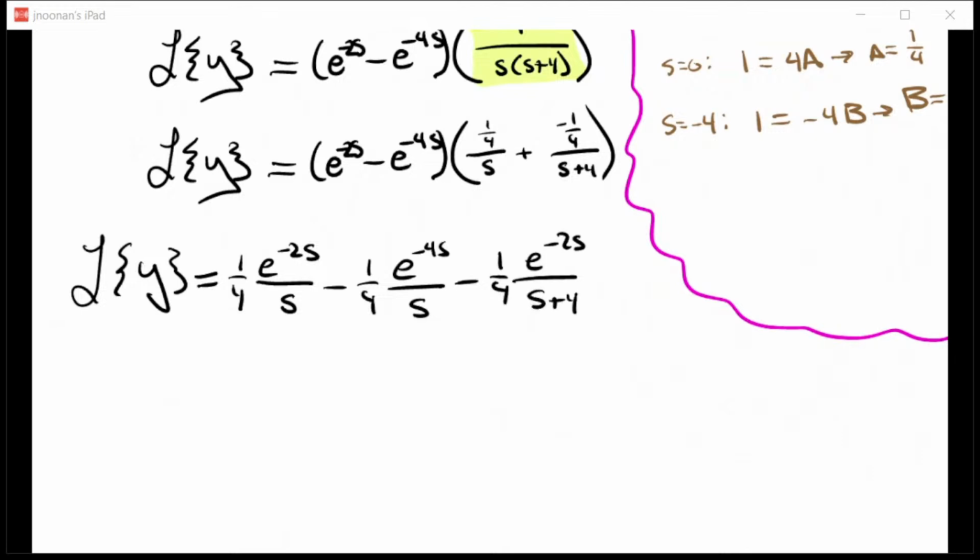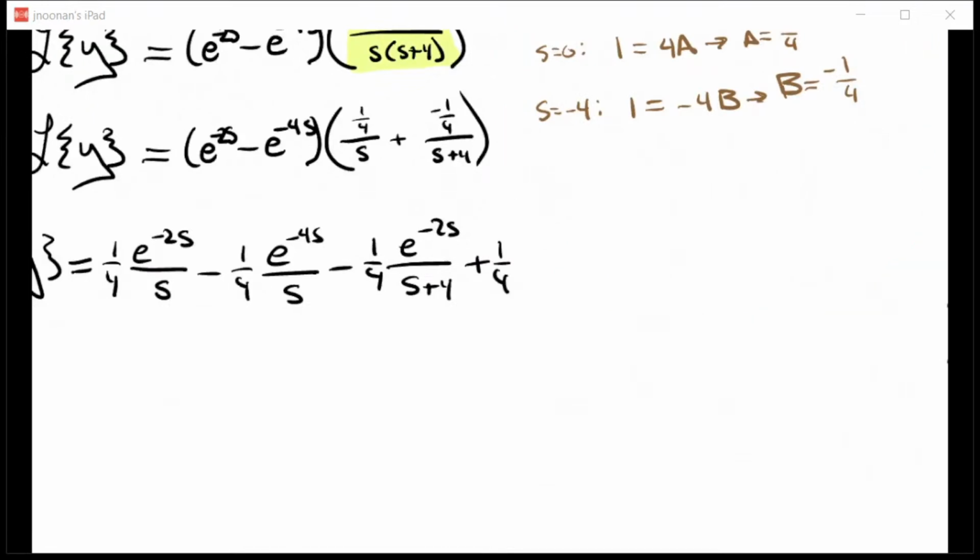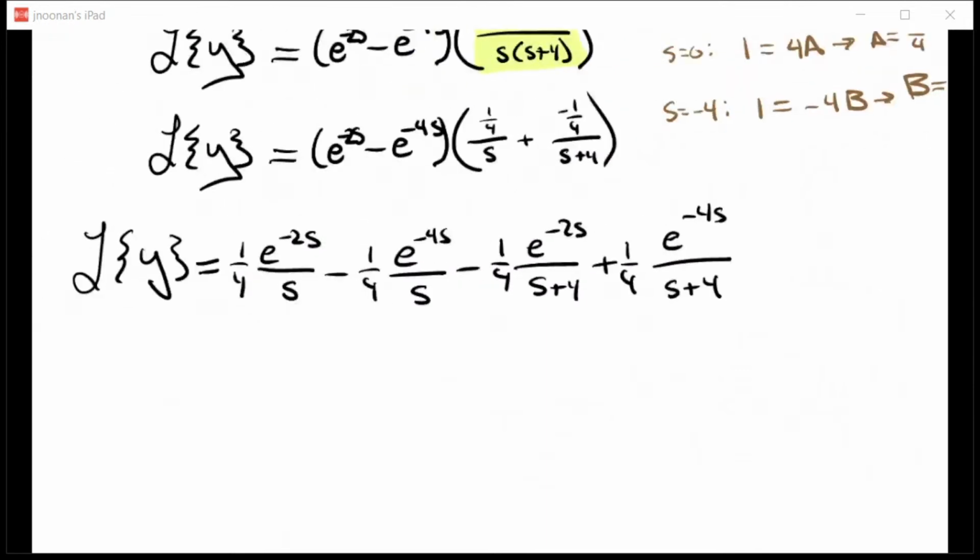plus 1/4 e to the negative 4s over s plus 4. I'm doing FOIL, by the way. I should have mentioned that.